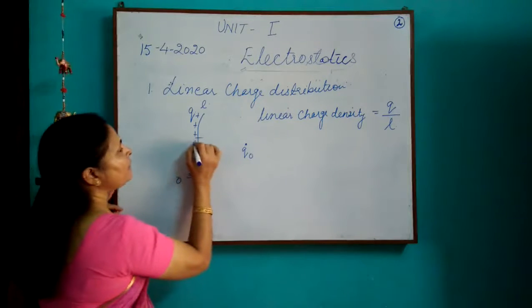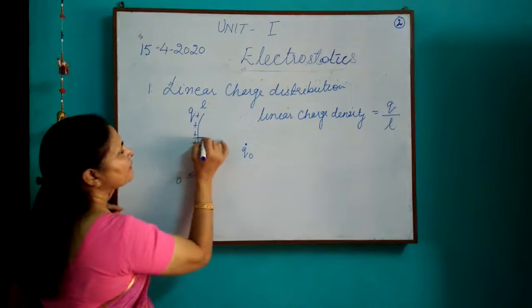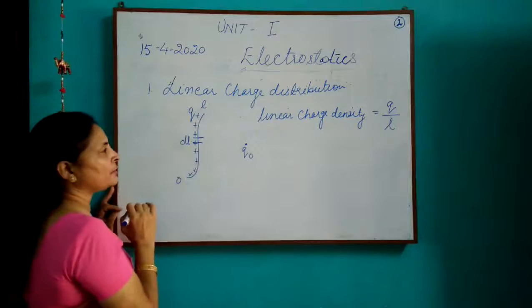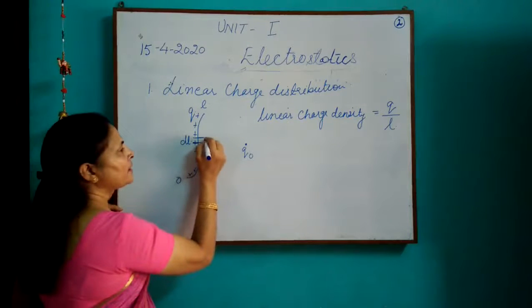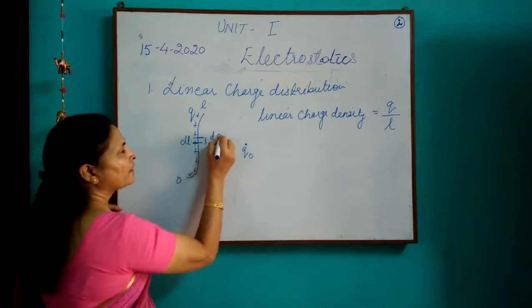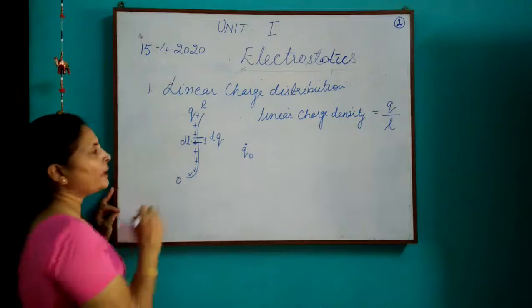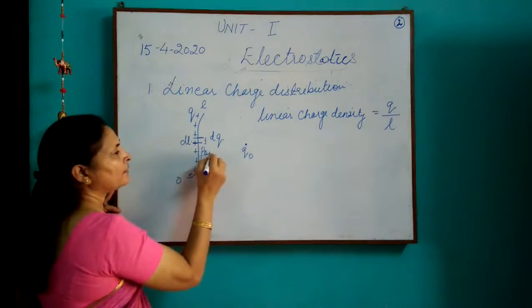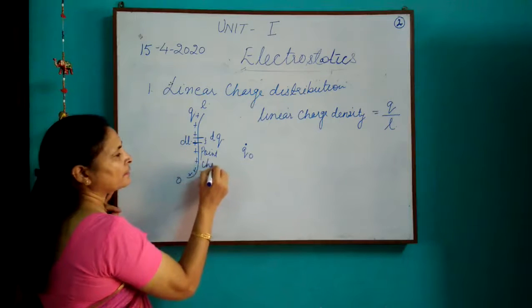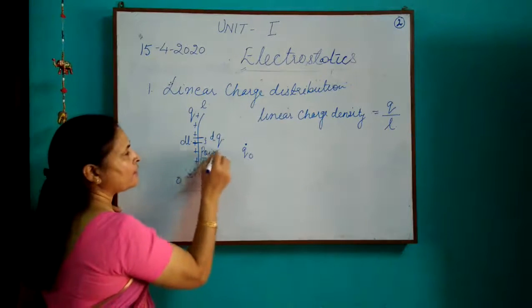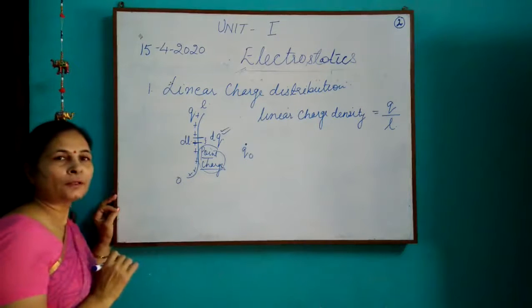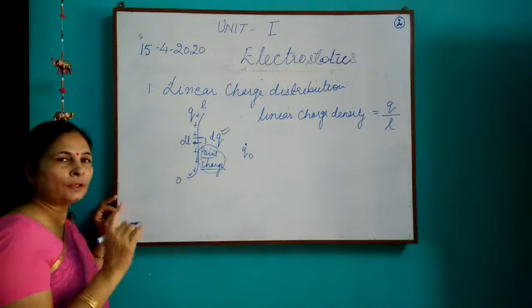So I take a very small length, say dl, of this linear distribution, considering that the charge in this much length is say dq, and this charge dq can be considered as a point charge. Once this charge is considered as a point charge, I can use Coulomb's law.